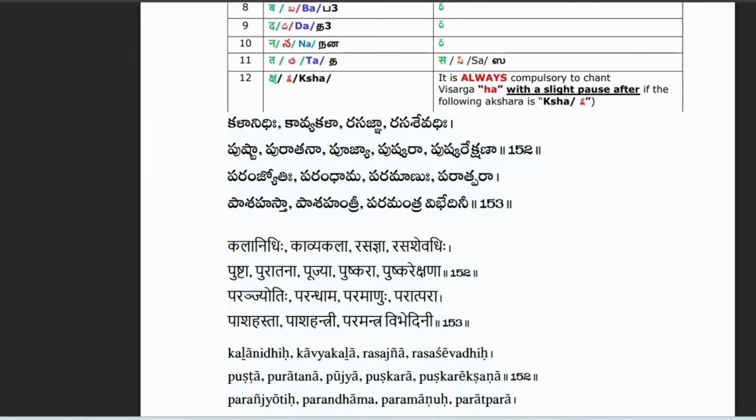So Kalanidhik, Kavyakala Rasagna Rasa Shevadihi. And for a sloka ending with the Visarga, we pronounce the Visarga with an echo of the preceding letter. Here it is Dhi, so the Visarga becomes hi, Dhihi.